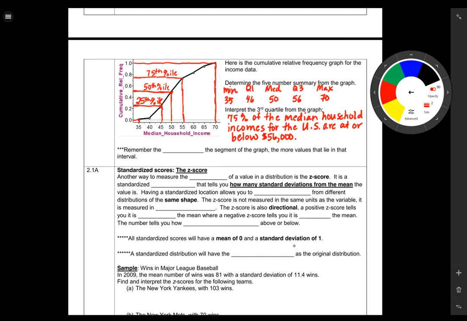Remember, the steeper the segment of the graph, the more values that lie in that interval. So for instance, there will be more values here where it's steeper than it will be over here.